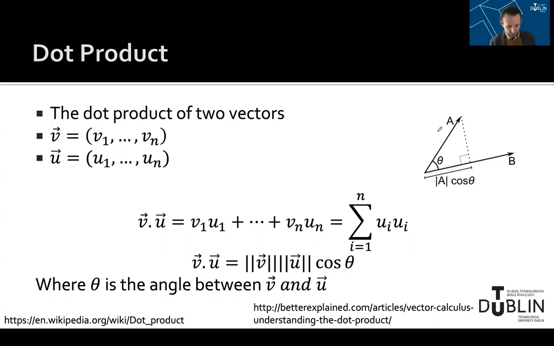So the general formula for dot product, given any vector v and any vector u, the dot product u dot v is v1 u1, and so on. So you multiply each of the elements by each other. But what you end up with here is a number, not a vector, a number. So it's important to remember that again and again.